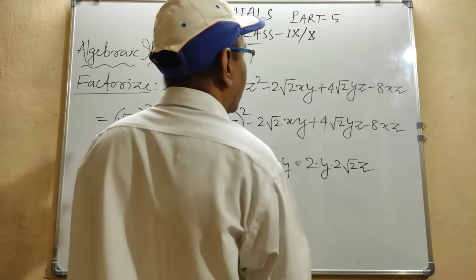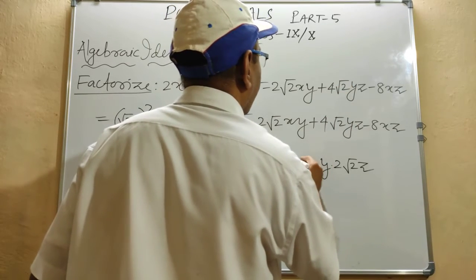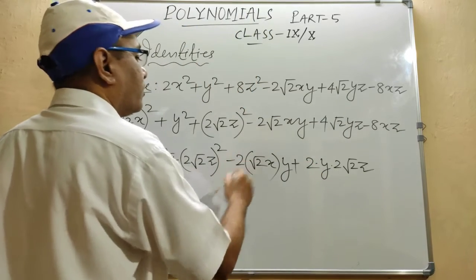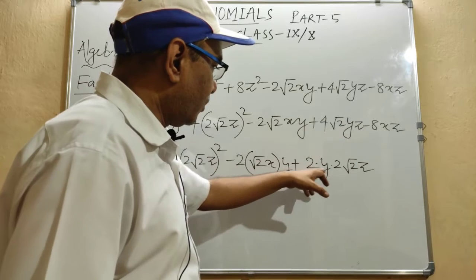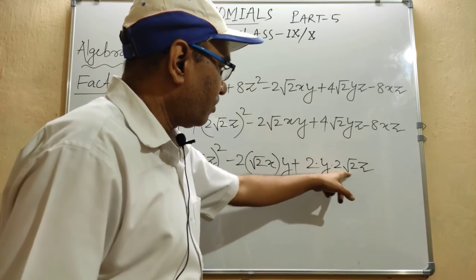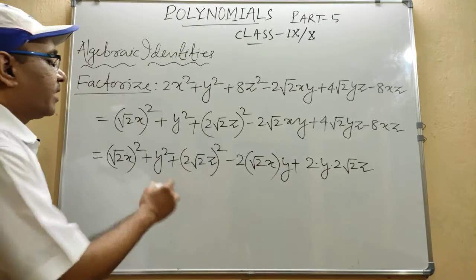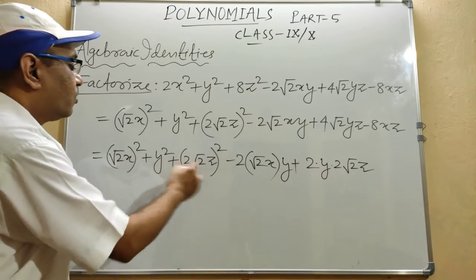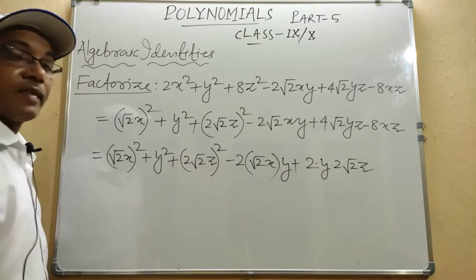Okay, see, from here it is written, and this can be written as, plus or minus sign will be seen later on, 4 root 2 yz can be written as 2 into y into 2 root 2 z. 2 into 2, 4. 4 root 2 yz. It is written to make 2bc, a square, b square, c square, 2bc type it is. 2 into this into this.